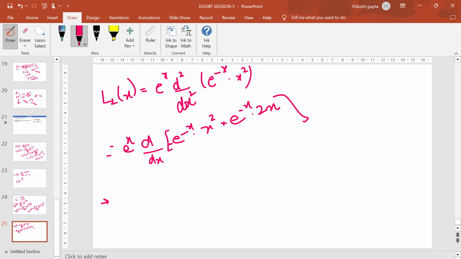Now again these two terms will be differentiated.